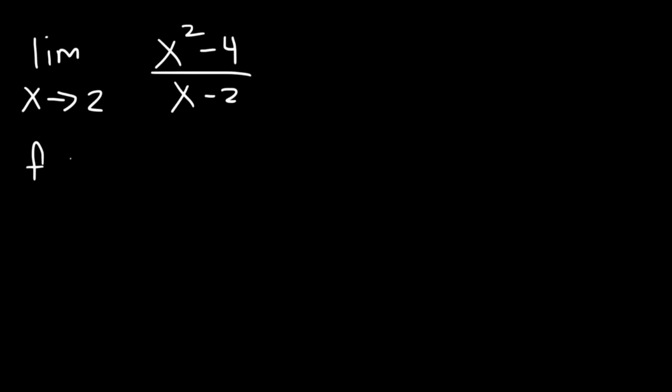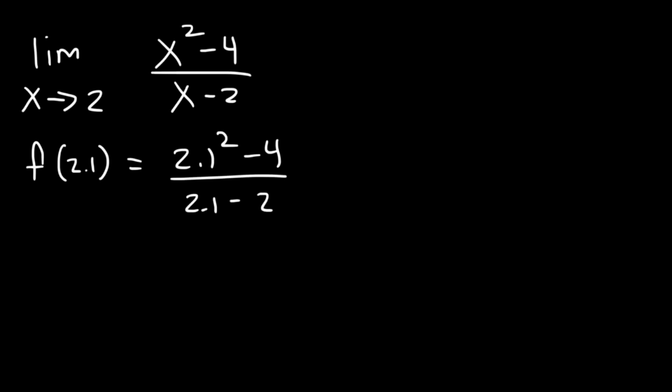Let's calculate f of 2.1, so we get a positive answer. 2.1 squared minus 4 is about 0.41, and 2.1 minus 2 is 0.1, so this is going to be 4.1.